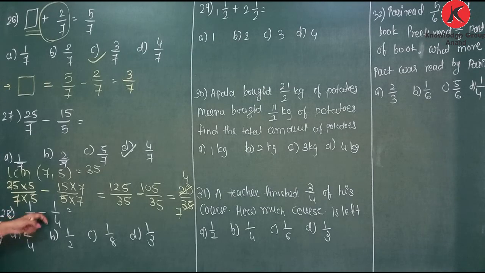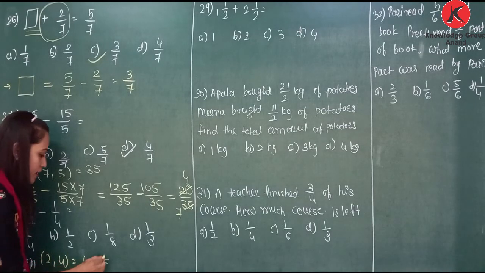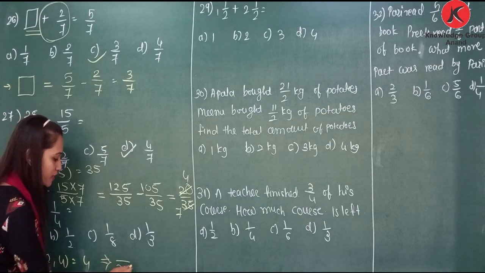1 by 2 minus 1 by 4. So here, in 1 by 2 minus 1 by 4, the denominators are different. Take the LCM of 2 and 4. That is 4. Now, how can we get 4 here? Here it is already 4, so no need to multiply. We need to get 4 here by multiplying with 2, because 2 2s are 4, so 2 is multiplied with 2.